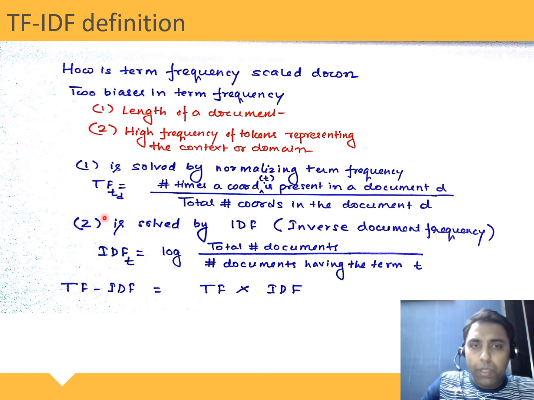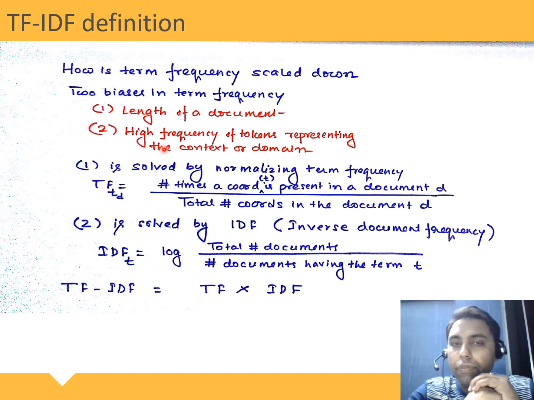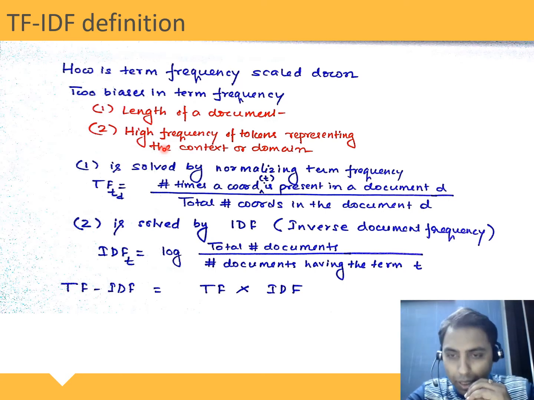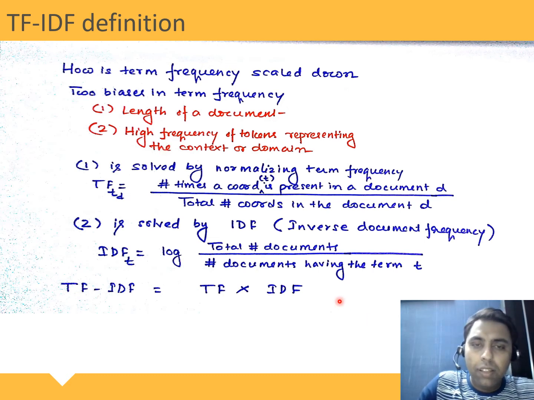The second problem, which is kind of more tricky to solve, is what to do if there are certain words which are present across most of the documents in the data. So for that, we define something called the inverse document frequency. It's basically a scaling down factor which is defined as log of the total number of documents divided by the number of documents having that particular term t.